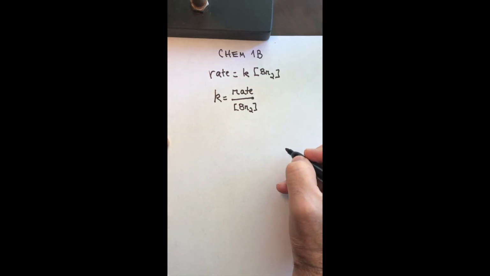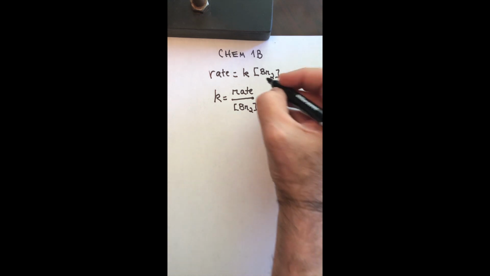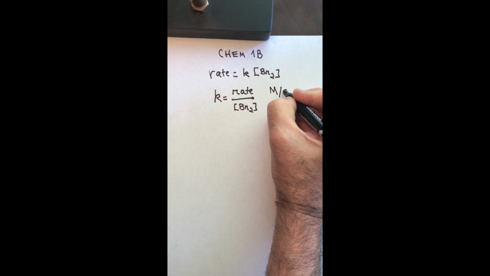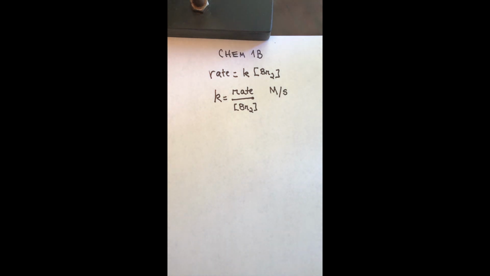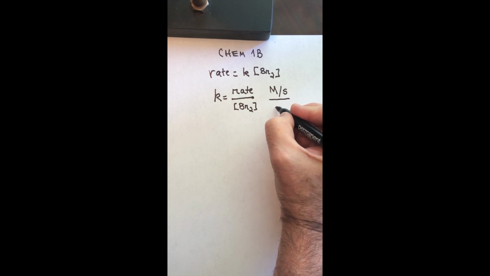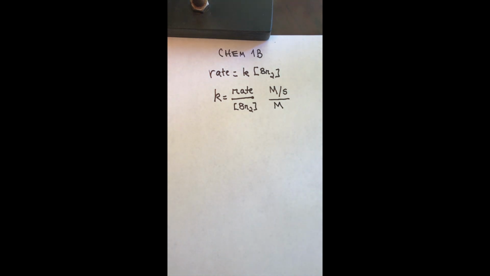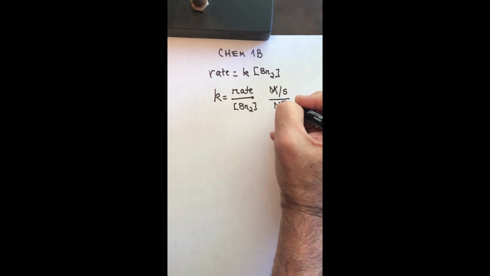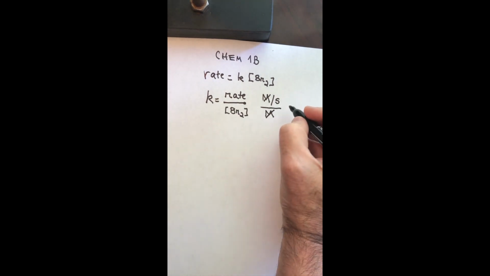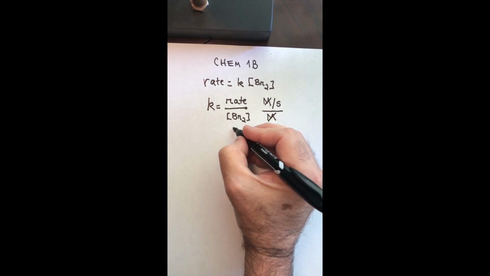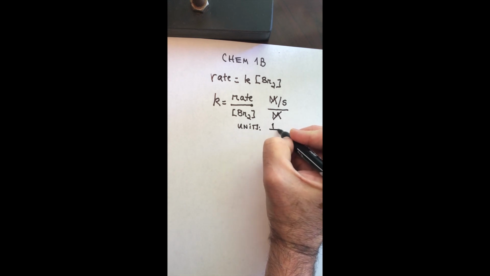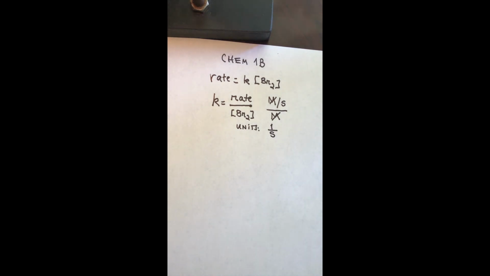So let's see what the units of this are. We've said that the units for rate are the molarity change per second. And of course, the concentration is expressed in units of molarity. So that means that those will cancel out, and so k is going to end up with units of 1 over s, 1 per second.